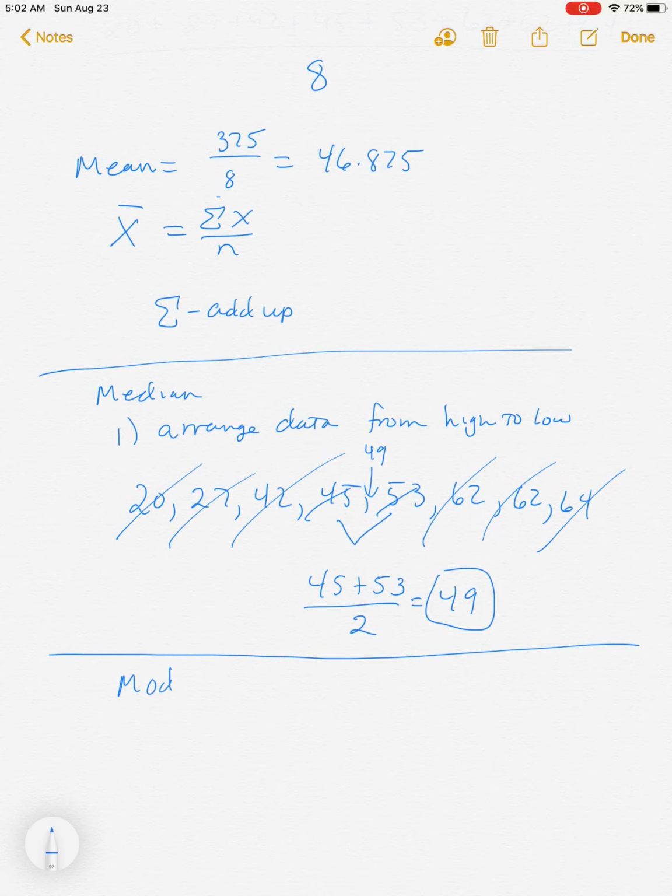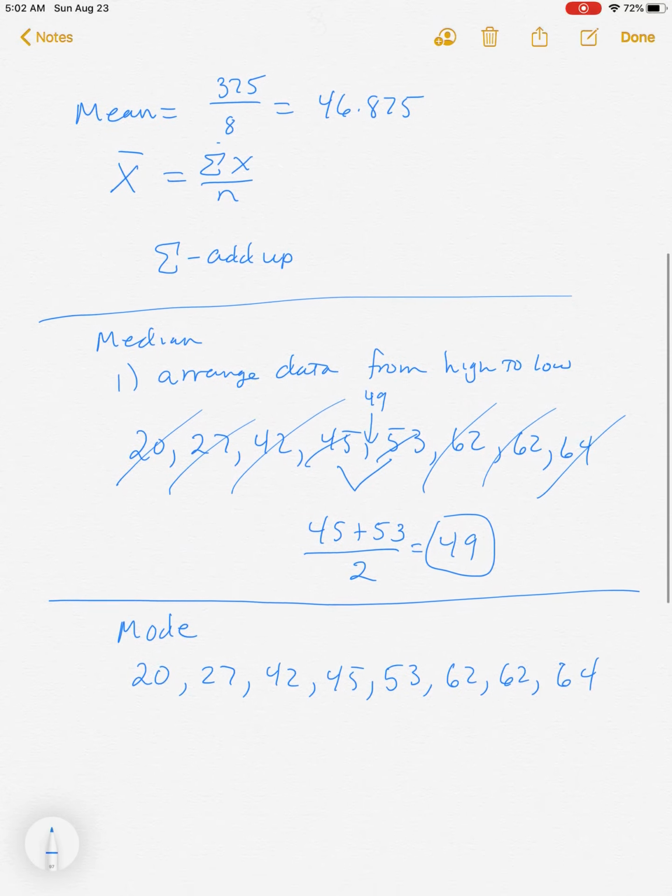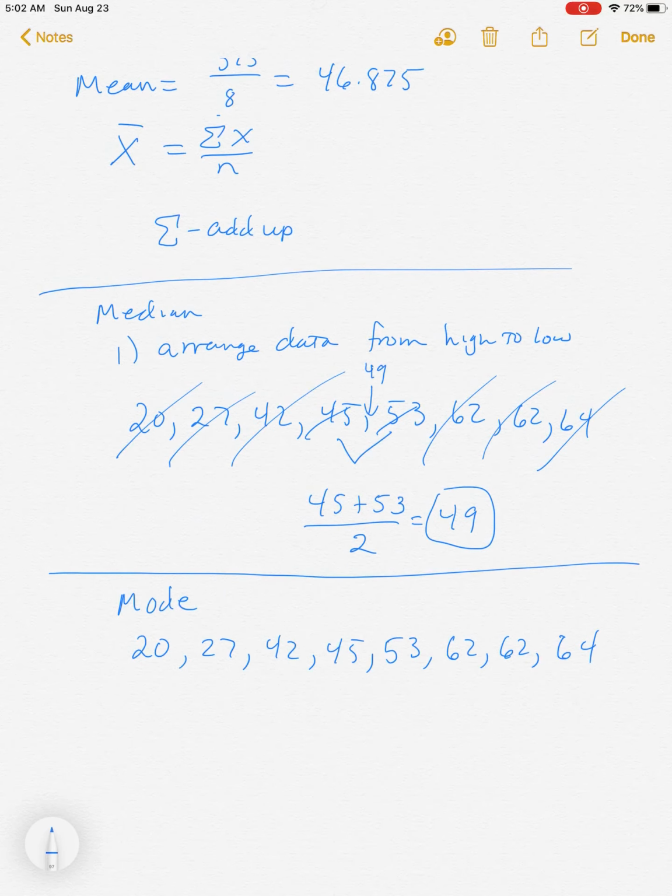The mode is the value that occurs most often. So I'm just going to rewrite those 8 data points. So the mode is the value that occurs most often. And so as you look through there, it's pretty easy to see that only one value is repeated, the 62.